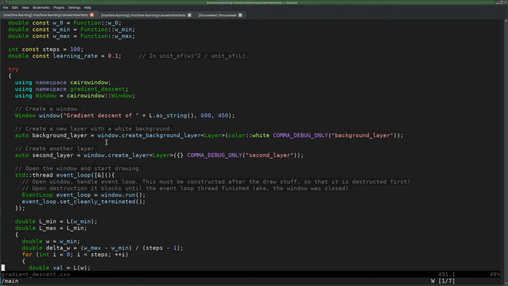So I want background layers, probably special. So I have to call create background layer, and then I can optionally create additional layers like that.